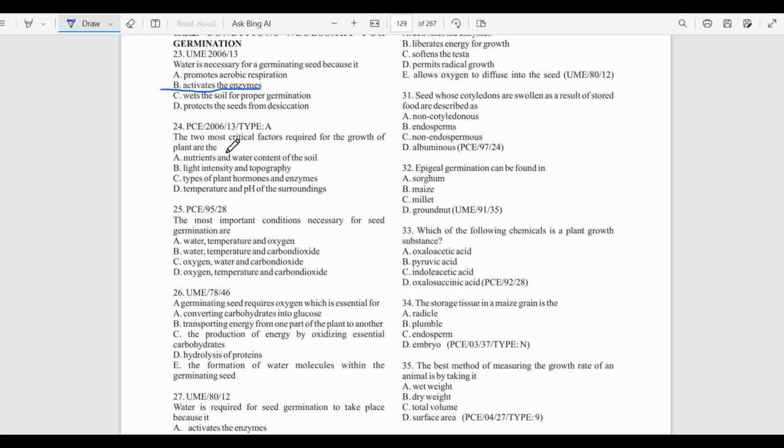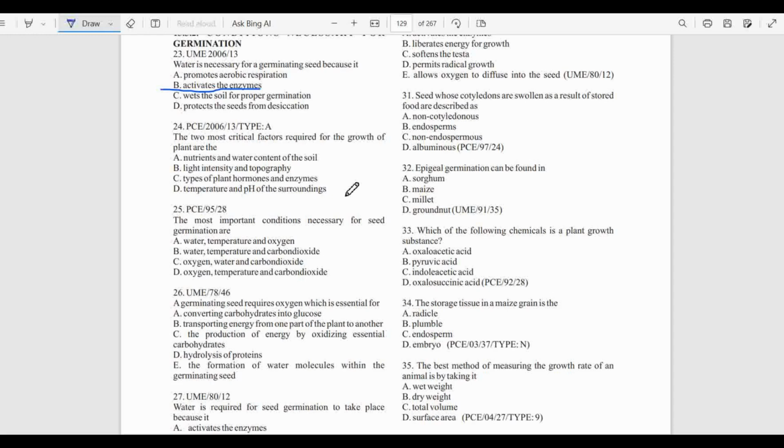Question 24. The two most critical factors required for the growth of plants. You need nutrients, water content of the soil, light intensity, topography, the type of plant hormone and enzyme, temperature, and pH of the surrounding. I think the answer is quite straightforward.